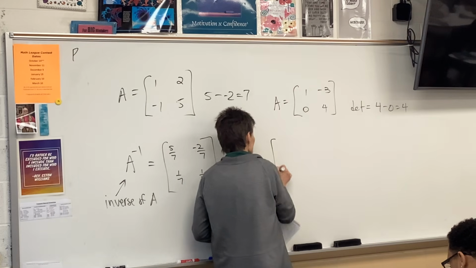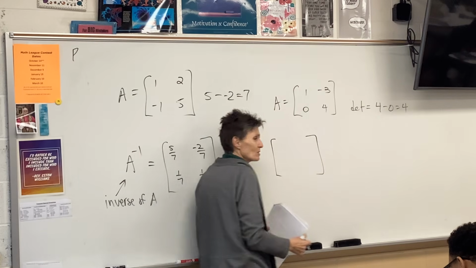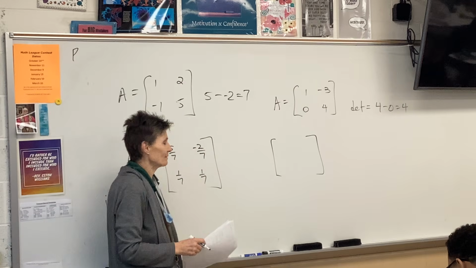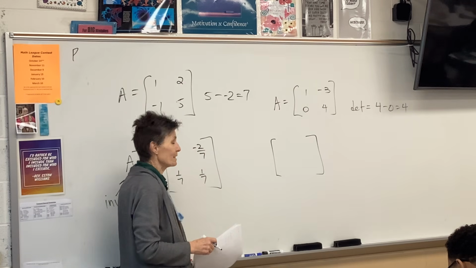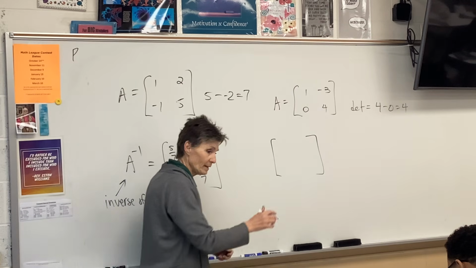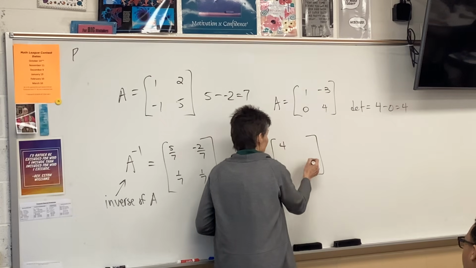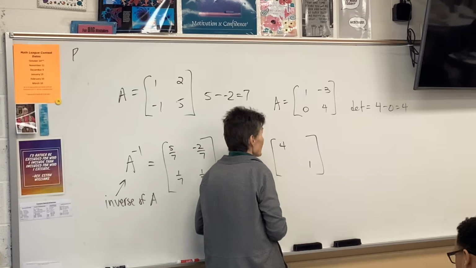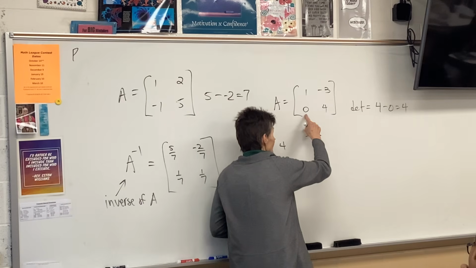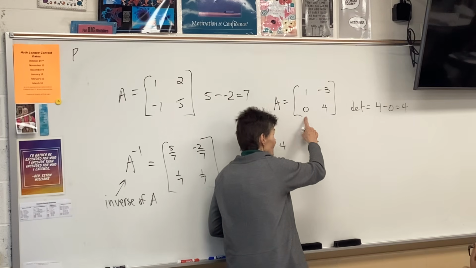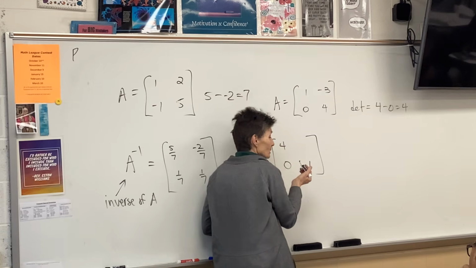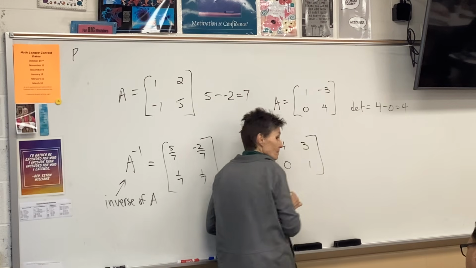Now I'm going to make my new matrix, which has a name, by the way. It's called the adjoint, but you don't need to worry about that. We're just going to make a new matrix. And how do we do it? These two get flipped. And these two, if they're positive, they become negative and vice versa. Well, 0 is 0. And that's a positive 3.